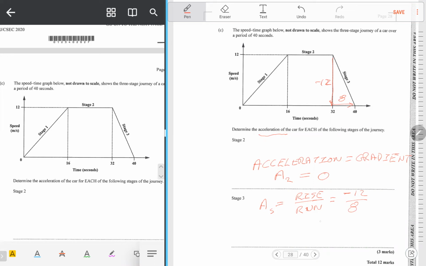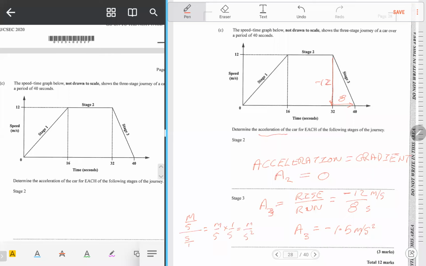And that is, acceleration in stage 3 is minus 1.5 meters per second squared. Why is it meters per second squared? Because the speed that it comes down is meters per second, and this down here is seconds. So meters per second divided by second is the same as meters per second times 1 over second. So it becomes meters over second squared.